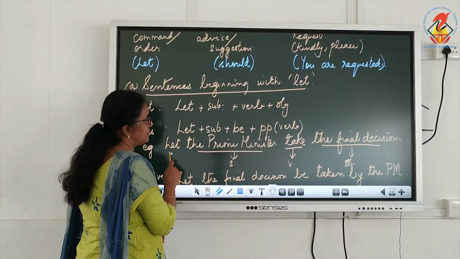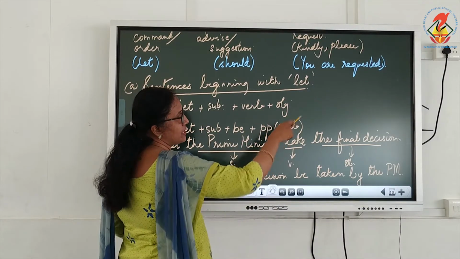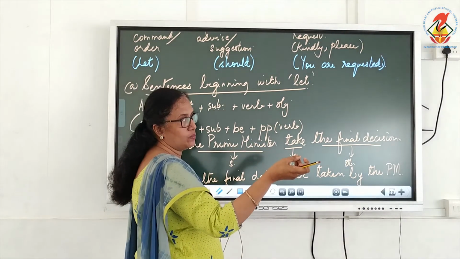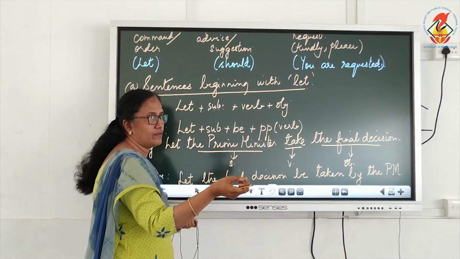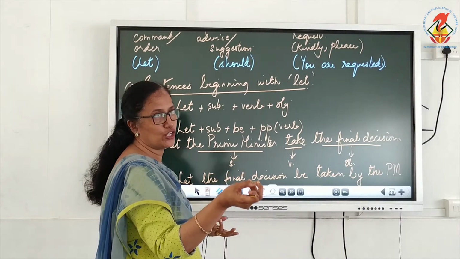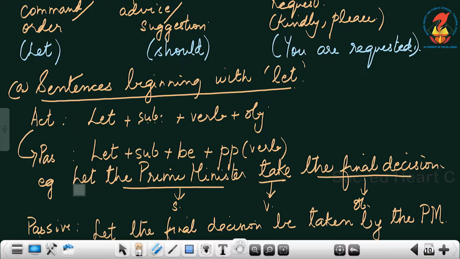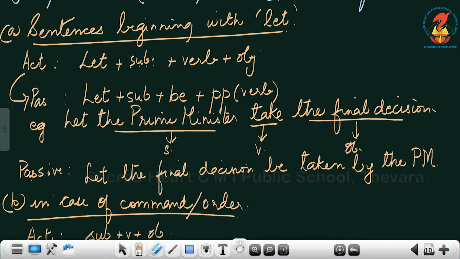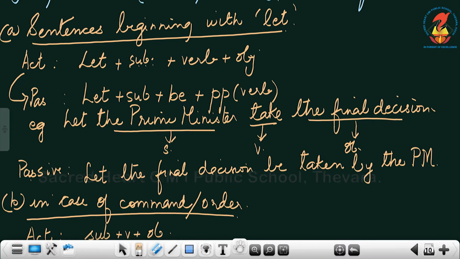So, as I told you, there is an interchange of the subject and the verb positions, then the change in the verb, and then the introduction of the preposition by. Following all those rules, let the Prime Minister take the final decision. Here we are identifying the 3 basic things of a sentence: the subject, verb, and the object.